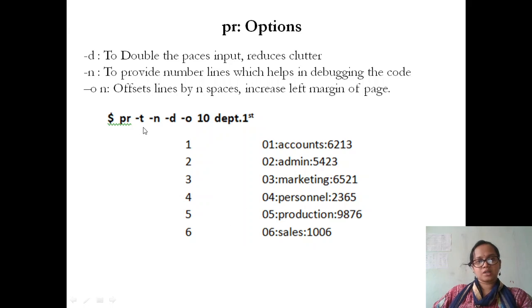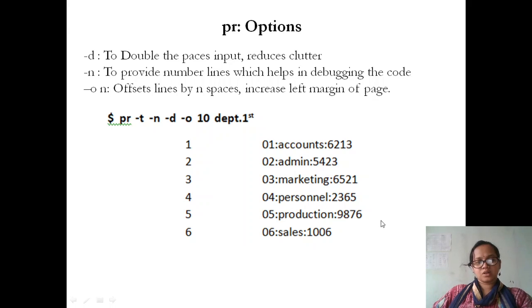So pr -t -n -d -o. I have joined all these options and executed them on the file dpt first. See what is displayed: this is our page number, this is our line number, and these are all the things which we wanted. The department along with the IDs are all there.